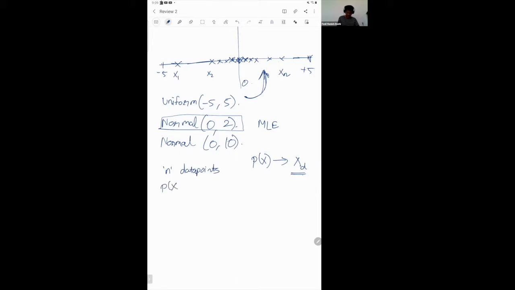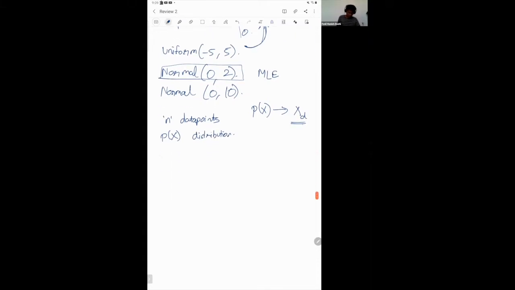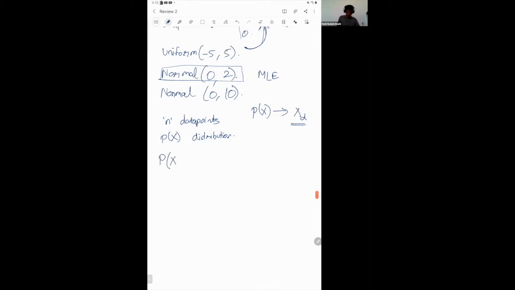I have some p of x distribution given to me, and what I want to evaluate is the joint probability, the probability of x is x1, and basically a joint probability that x can be all of these.